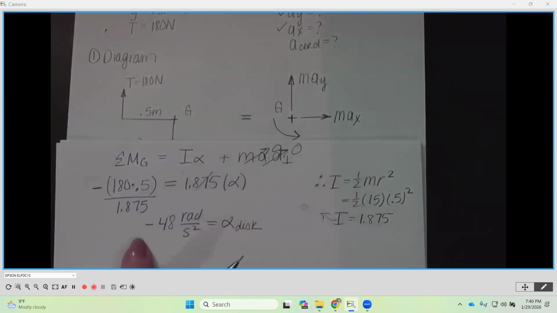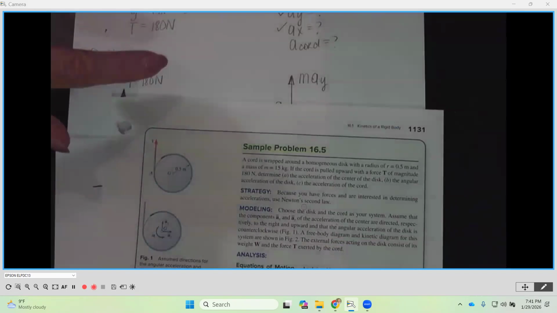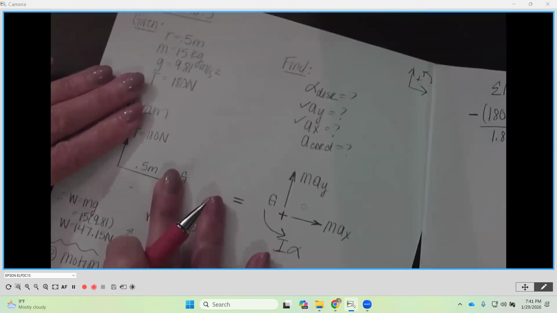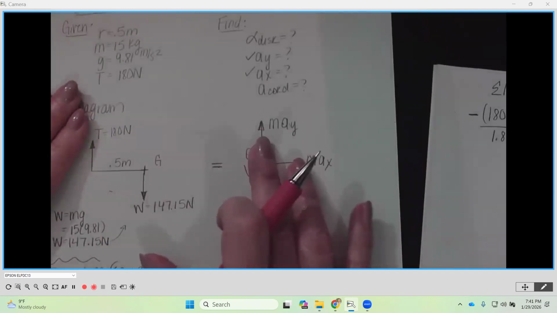Now, notice the negative up front. This was what I was talking about earlier. Angular acceleration. As we look at our problem, you could say, well, doesn't that mean that it's decelerating? Well, let's think about the problem. And this is where you got to use your noggin a little bit. So if we are starting from rest and we are pulling on this, this is going to speed up. So the negative being there is not slowing down. Okay. So we are going to be speeding up, and if we look here, if we pull in this direction, the angular acceleration has to go in that direction.